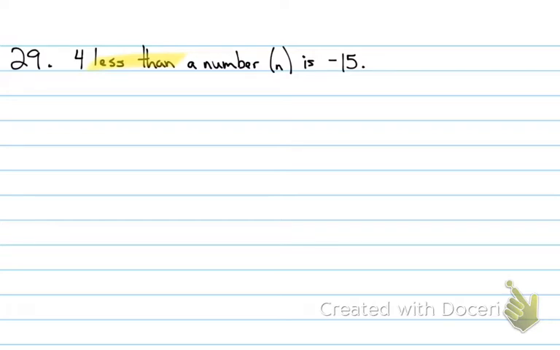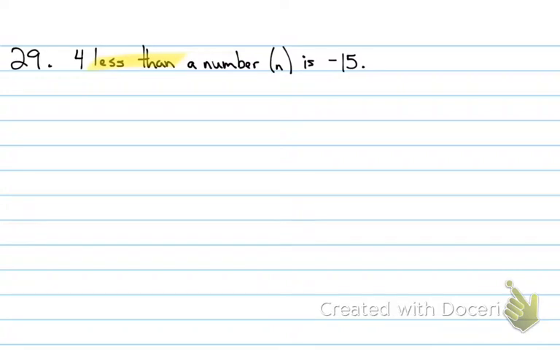So if it's 4 less than a number, I need to somehow write this with numbers and a sign. Does anybody have a guess as to what it would look like? Jason? No, less than is going to be minus.